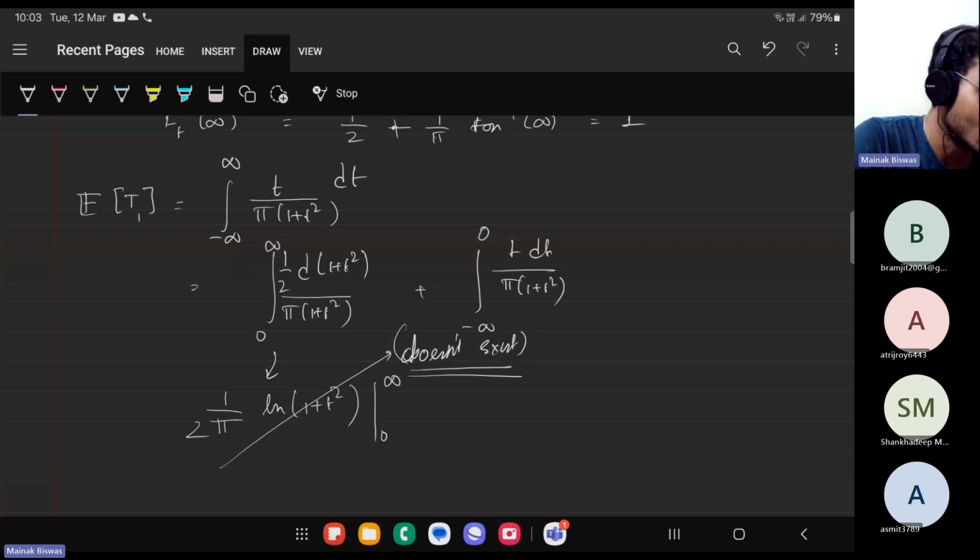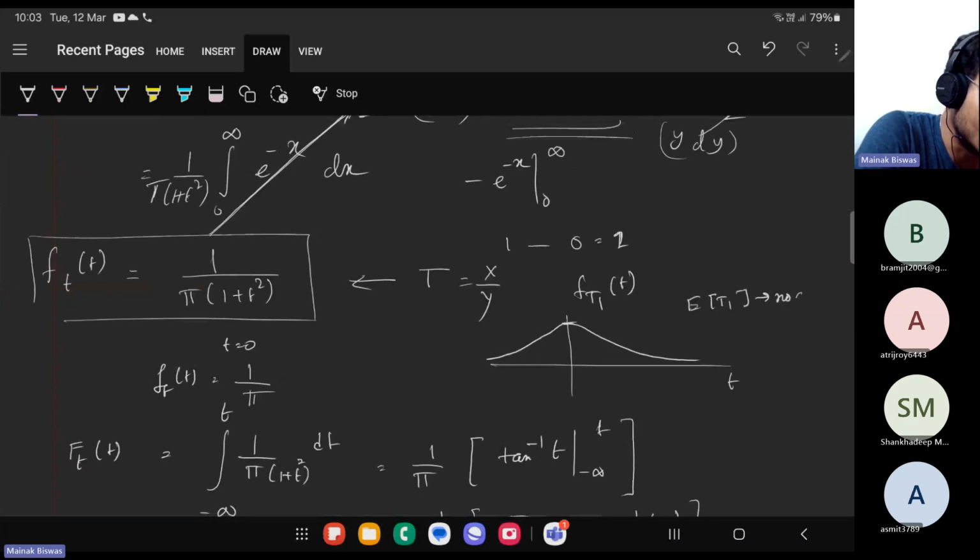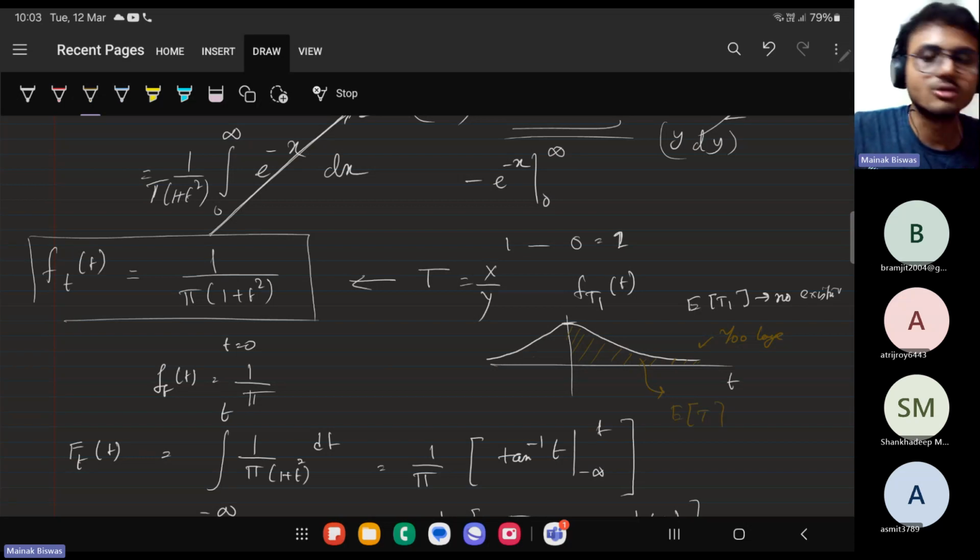Therefore, the expected value of T1 is not existent, which means that the tail of this distribution is too large. If you just integrate on the right hand side, the positive side, it is becoming infinity. This area is becoming infinity.